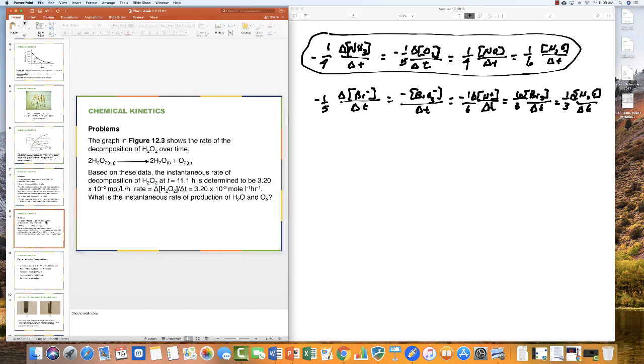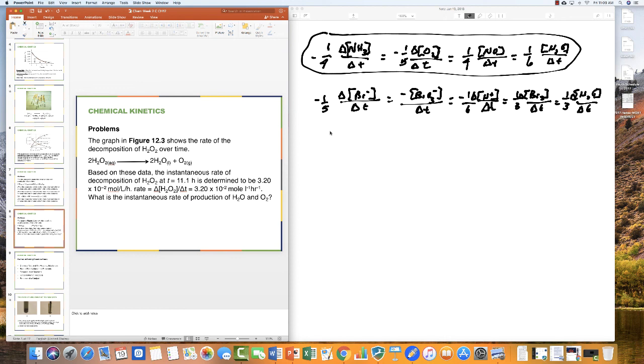Now let's look at one more problem. It says the graph in figure 12.3 shows the rate of decomposition of peroxide over time, and we have this. Based on this data and the instantaneous rate of decomposition at this time determined to be this amount, what is the instantaneous decomposition of these other two products?